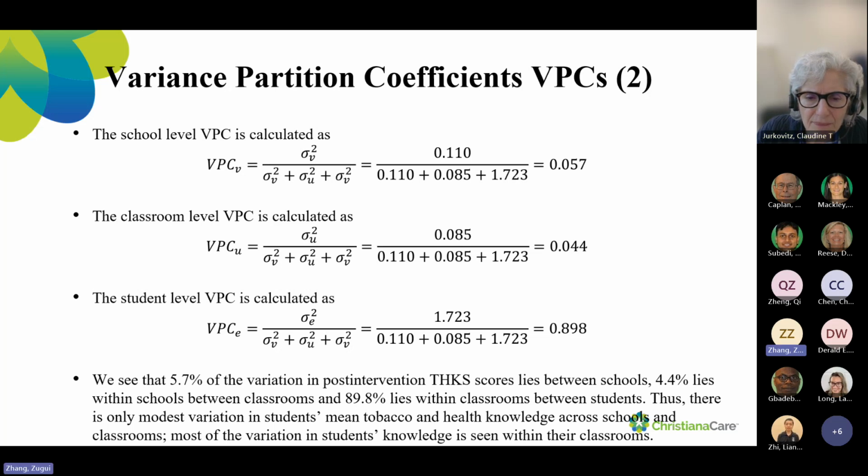Okay, the difference is that the classroom ICC is 0.1, and here it is just 0.04, because the variance partition coefficient for the classroom already included the school impact.